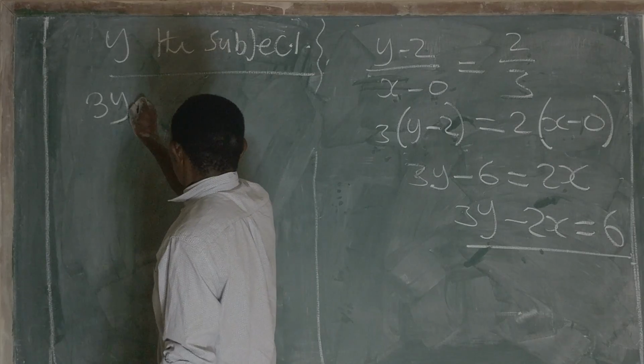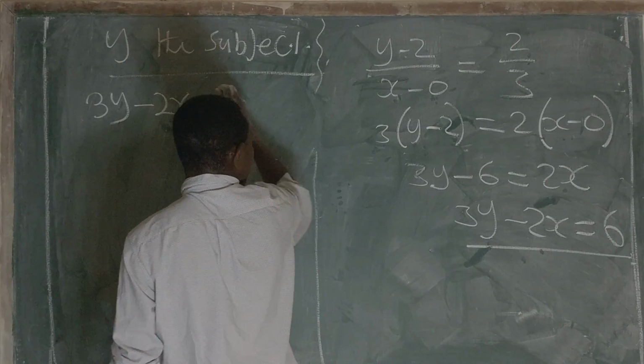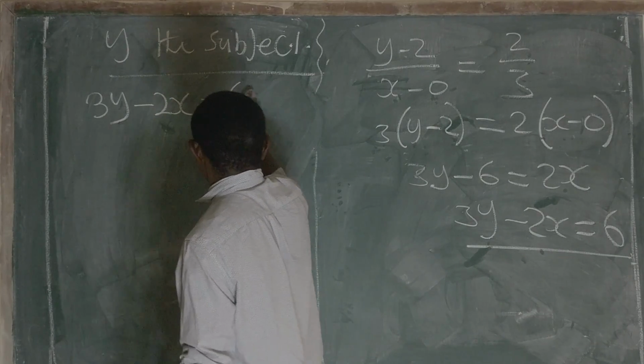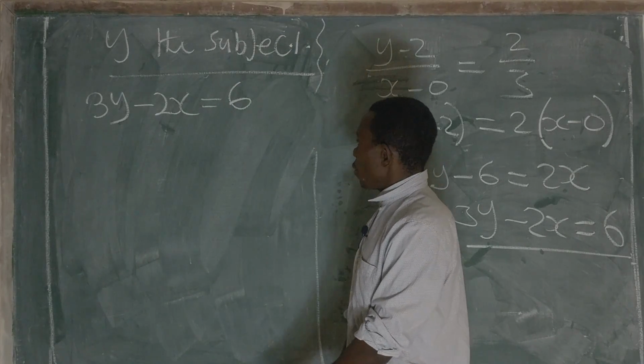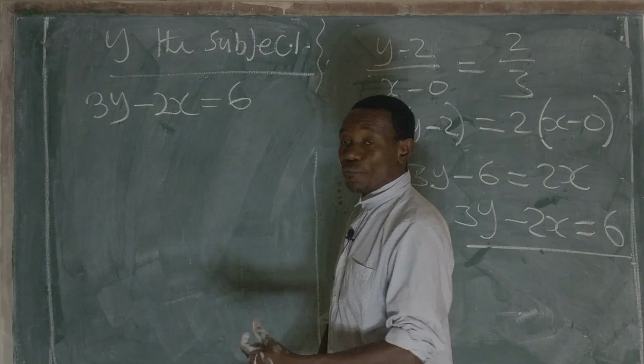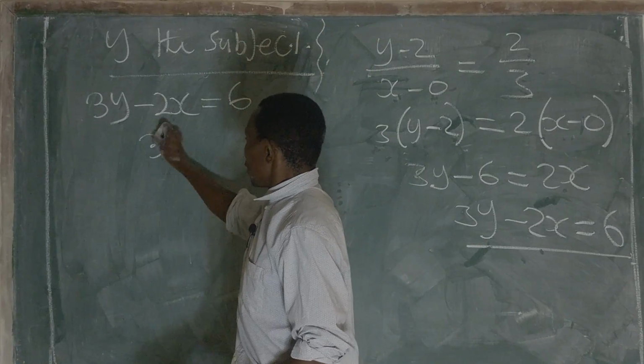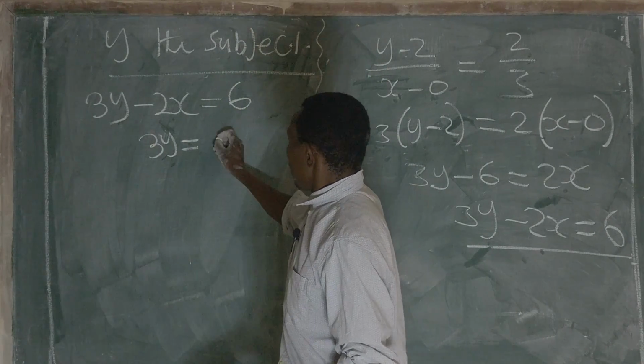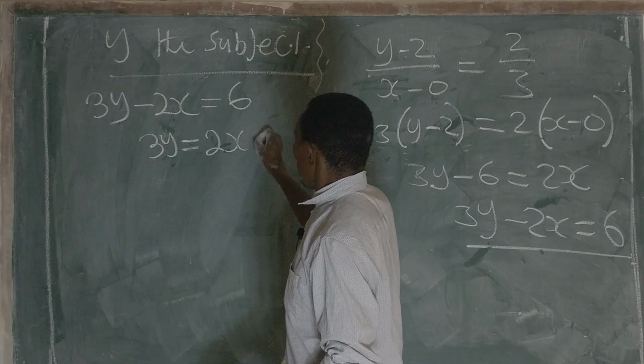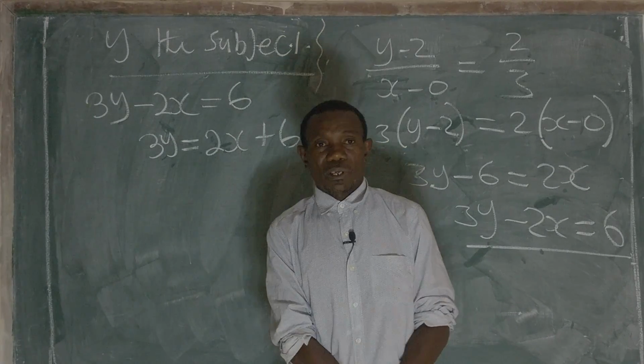3y minus 2x is equal to 6. You're going to agree with me that this one should go to this side, and we have 3y on that side. Then here we have 2x plus 6.